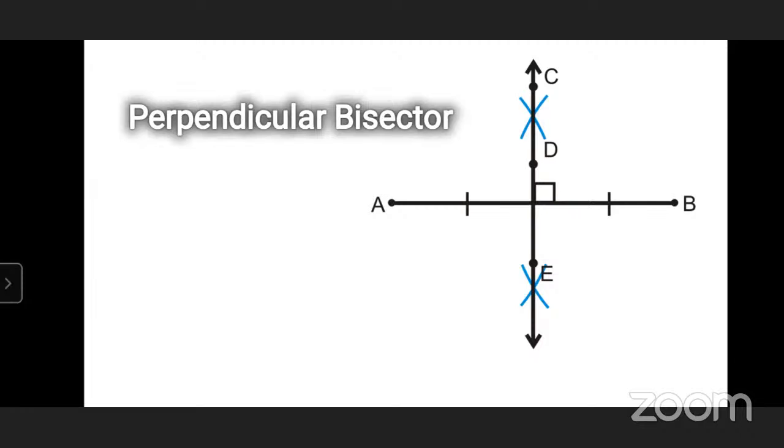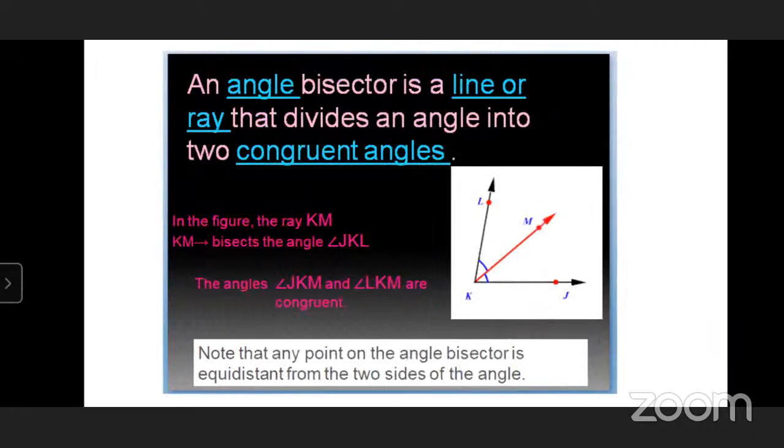It means that when in any triangle we draw the perpendicular bisectors of each side, the three perpendicular bisectors meet at a single point, and when we measure the distance of that circumcenter from every vertex of that triangle, we can see that the circumcenter is at an equal distance from every vertex of the triangle.